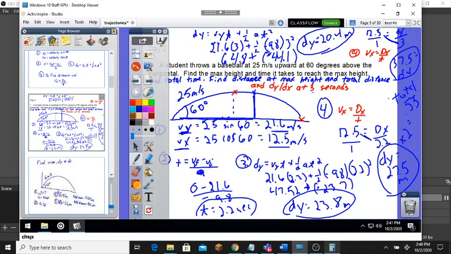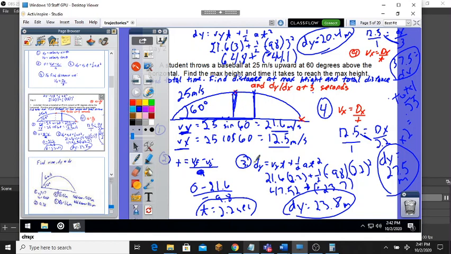So yeah, we covered a lot, right? So here, this part is telling you how fast the ball is climbing, going up. It's traveling 21.6 meters per second going up. To the right, it's going 12.5. We know that it's going to take 2.2 seconds for it to reach the midpoint. How high up is the midpoint?